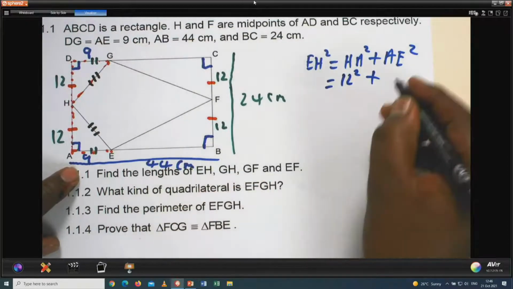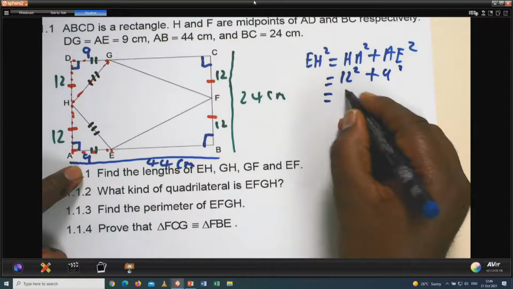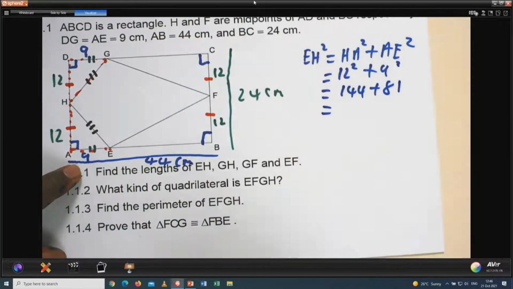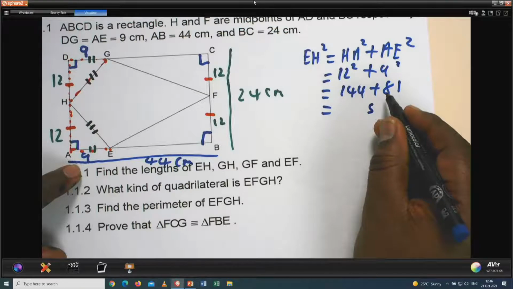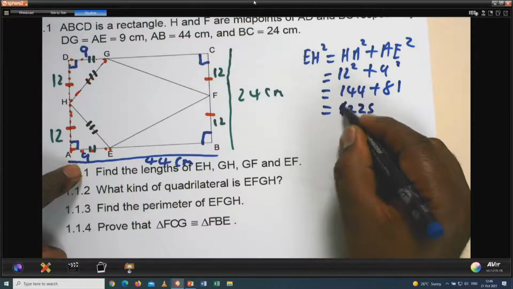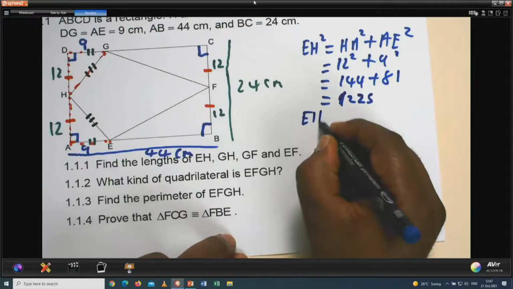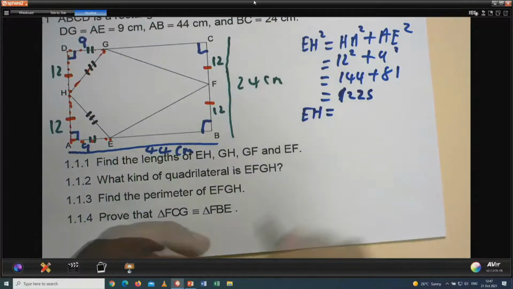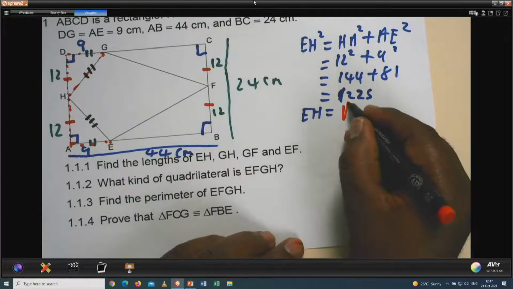AE squared is your 9 squared, which is 144 plus 81, which is 225. Therefore, you want the square root of 225.